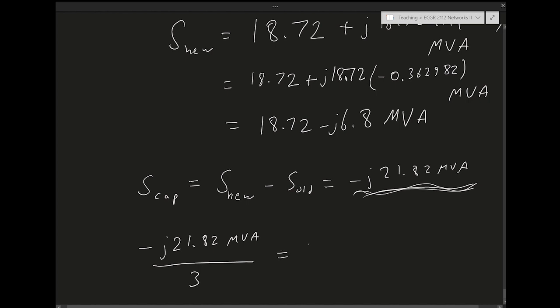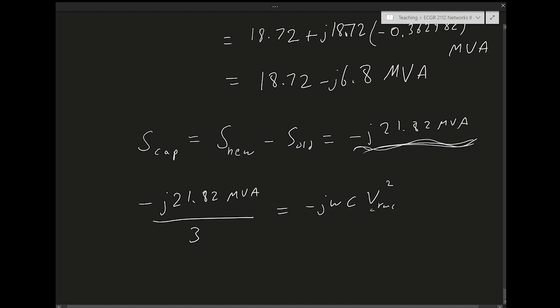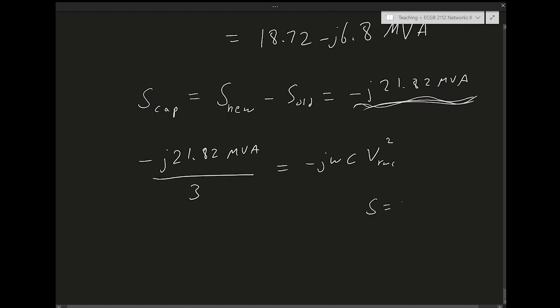So that equals, well, what's the reactive power coming from a capacitor? We know it's equal to minus J omega C V RMS squared, V cap RMS squared. If you don't remember how we got this, remember that S of the cap equals VC IC conjugate, and I can use Ohm's law to write, instead of IC, VC times the admittance of the cap, which is J omega C, conjugate.